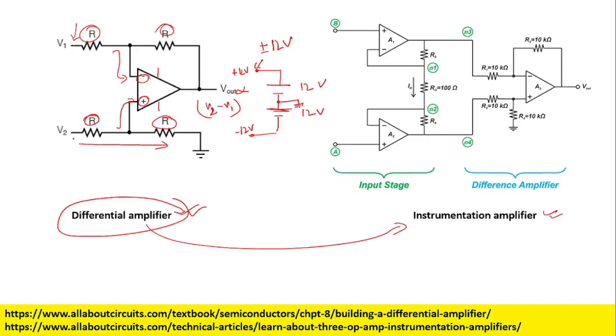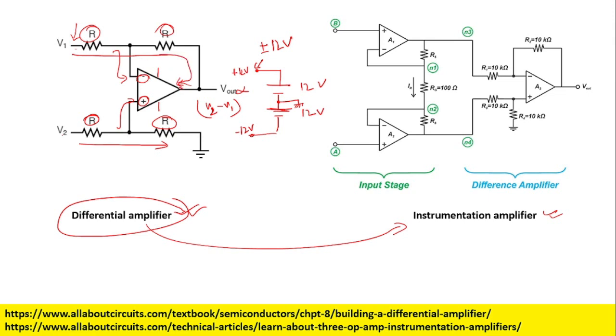In the non-inverting amplifier the current moves from V2 to ground, and in V1 it moves from V1 to the V output terminal, which has a very low output impedance. So the current moves like this.